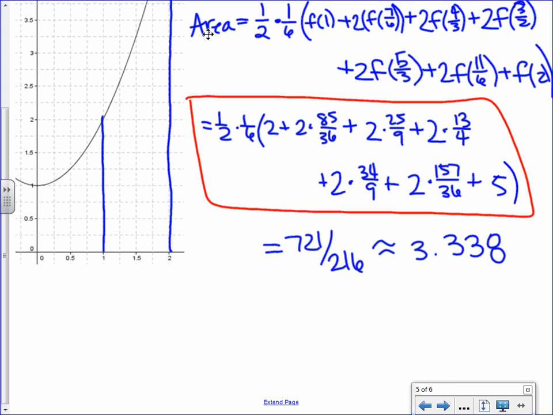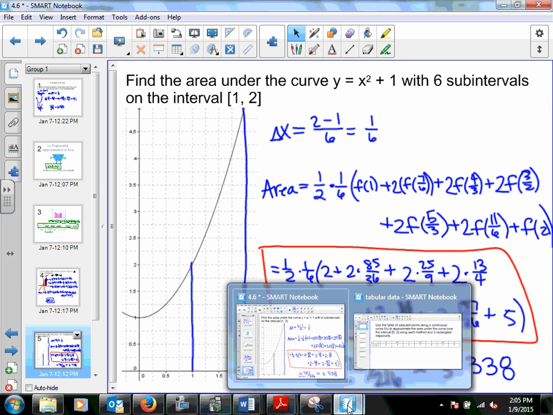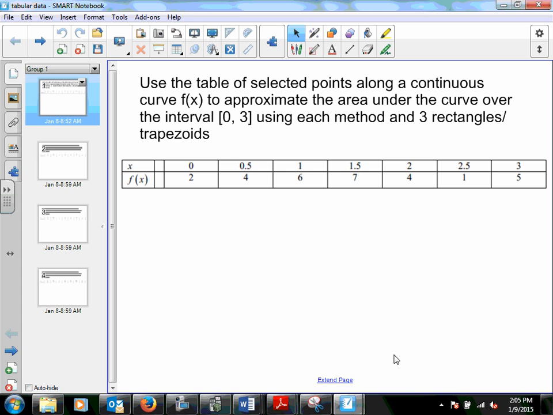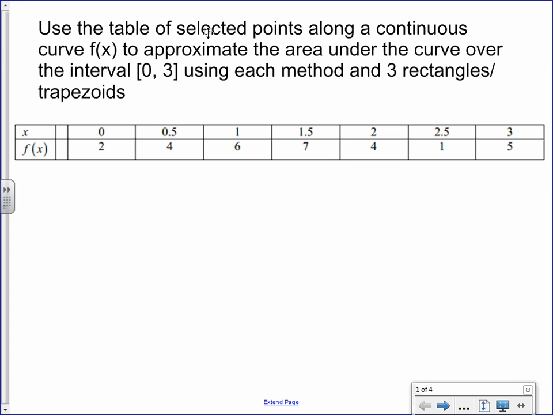Let's talk about a problem that looks like this. You have a function, but you only have a table of values.